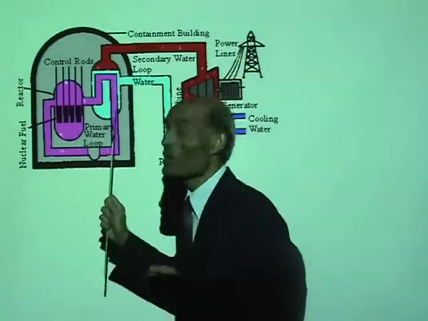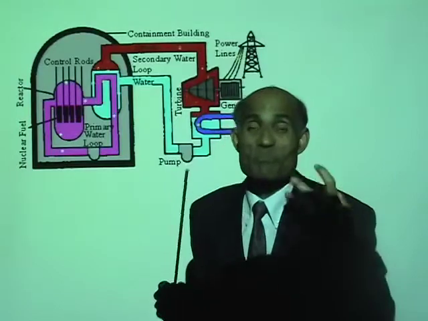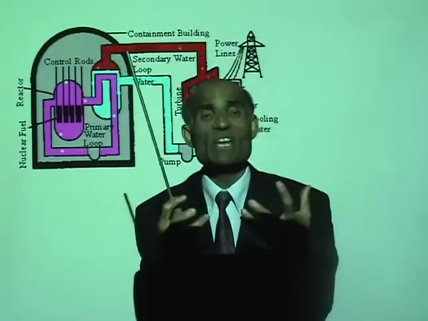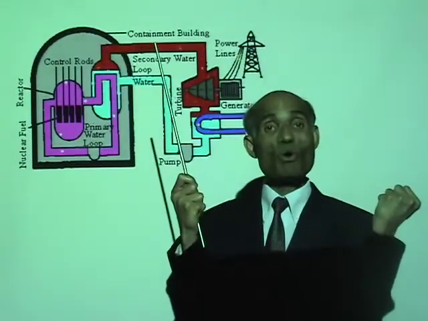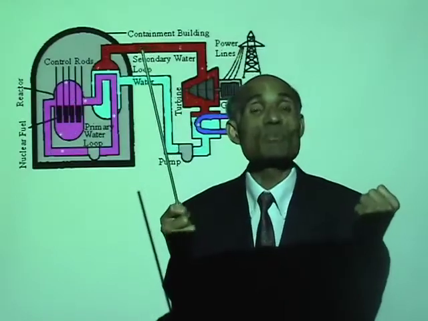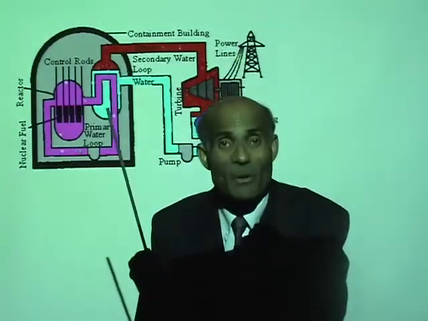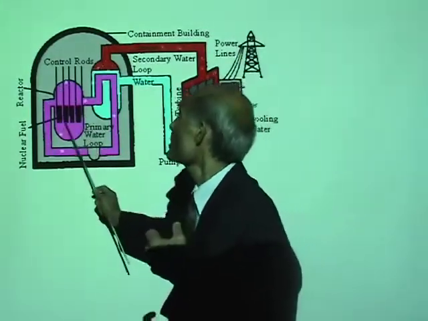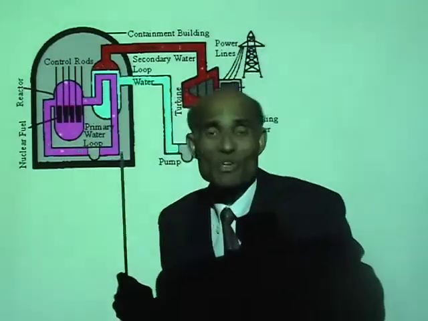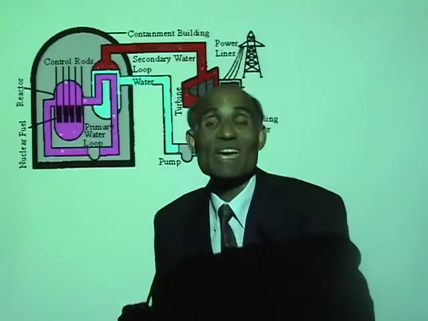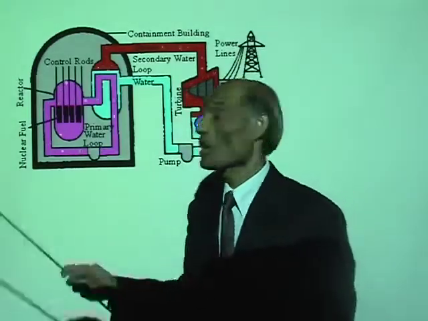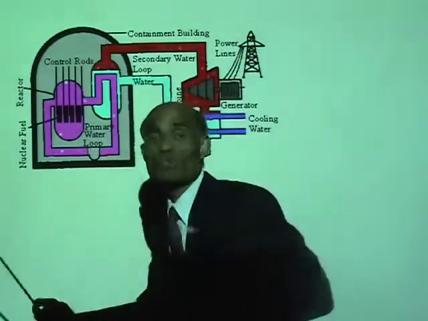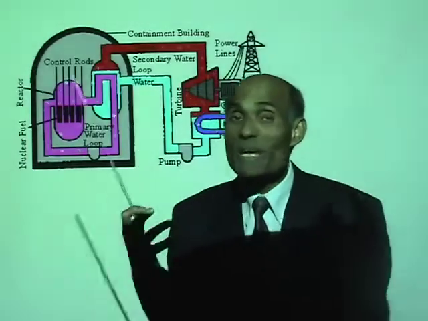Now, if you are not careful, if the temperature is not regulated, if the heat is not removed properly, a nuclear reactor can melt down. Now, what is the meaning of melting down? If a nuclear reactor melts down, it is like a bomb. So, the whole structure will collapse and it will be like a bomb.